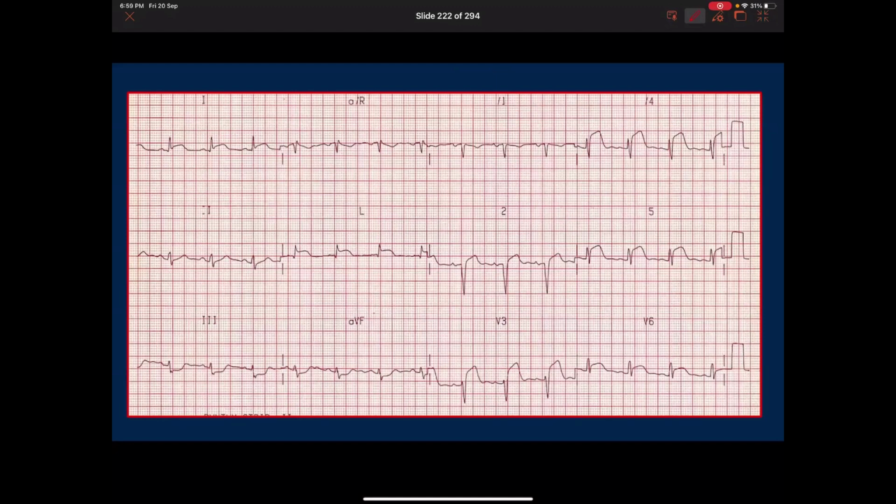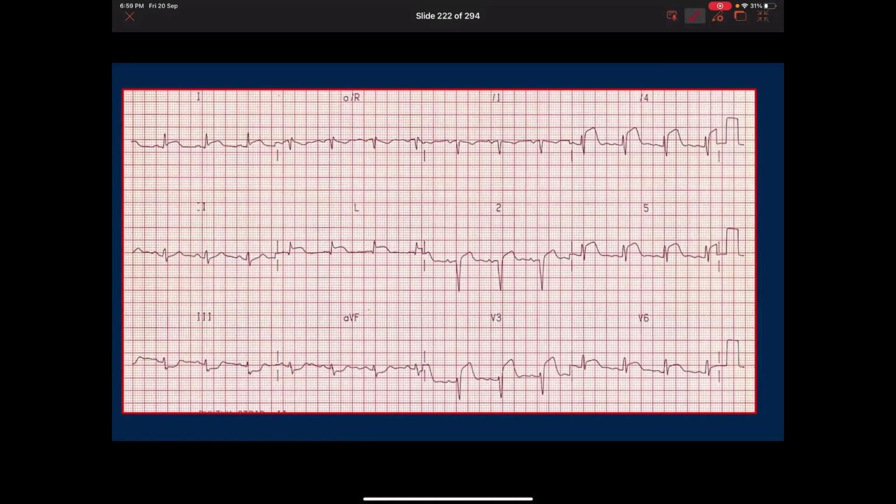Okay, there is lateral involvement. Which leads made you say, okay, there is lateral wall involvement? One and AVL. Okay, they're very slight here. But yeah, I agree. There is an elevation here and here.